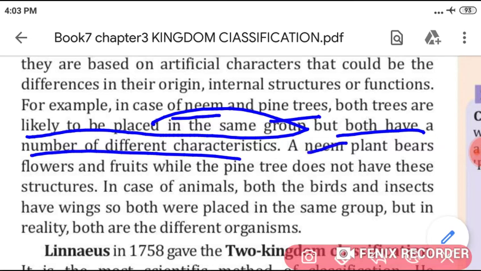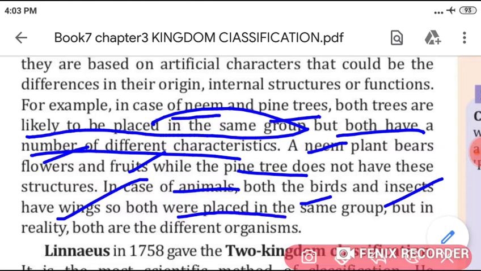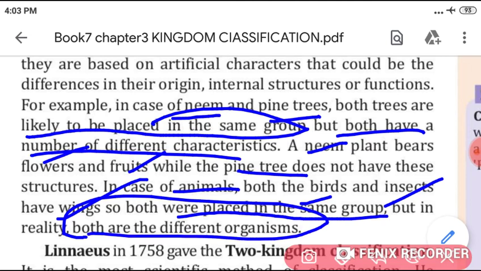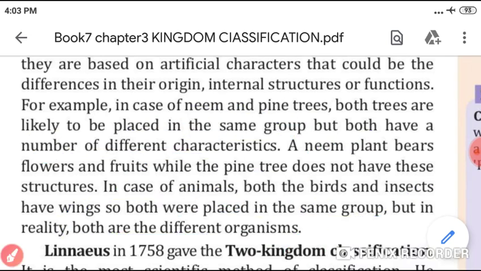Neem bears flowers and fruits, while pine does not. Like animals, both birds and insects have wings, so they were placed in the same group. But students, we can see many differences in both of these organisms.